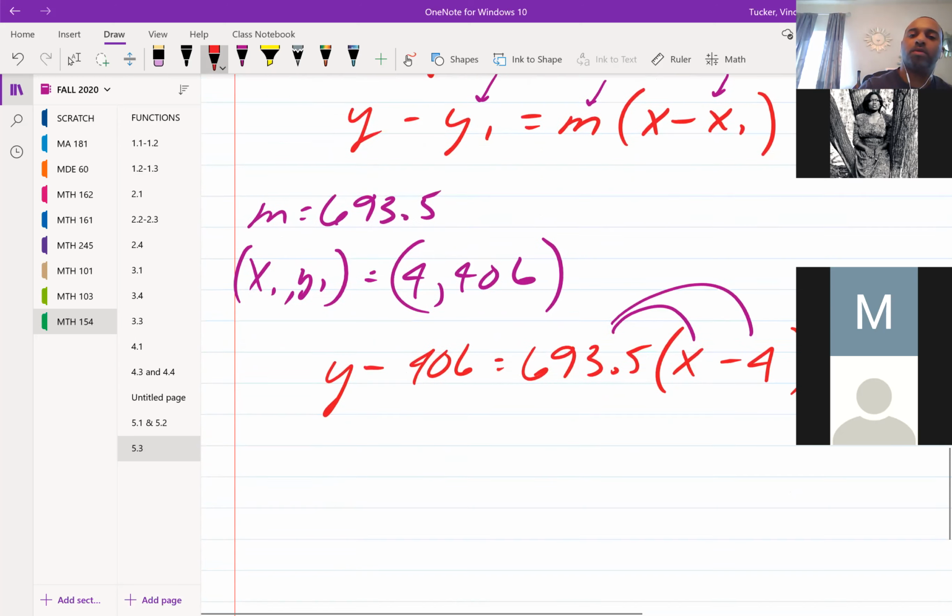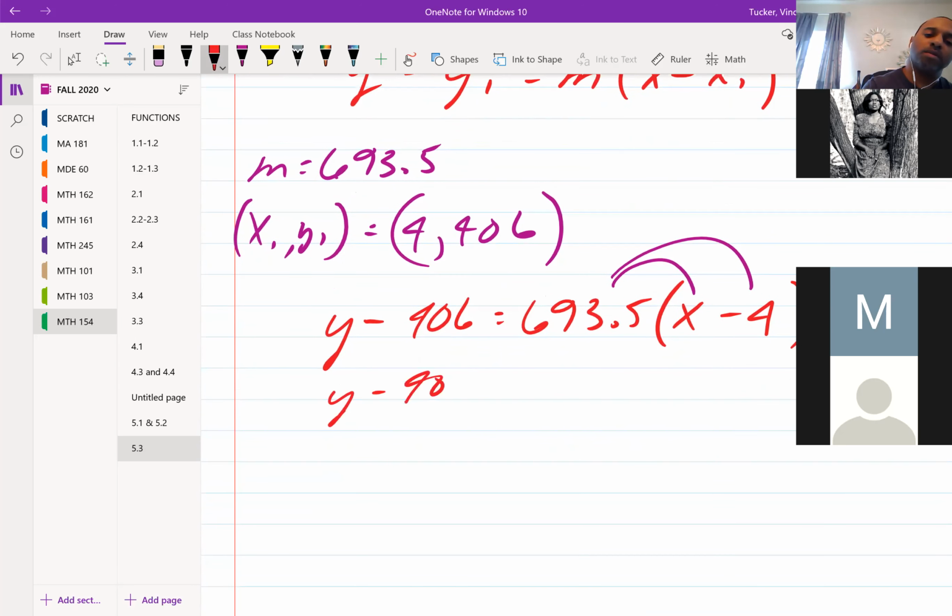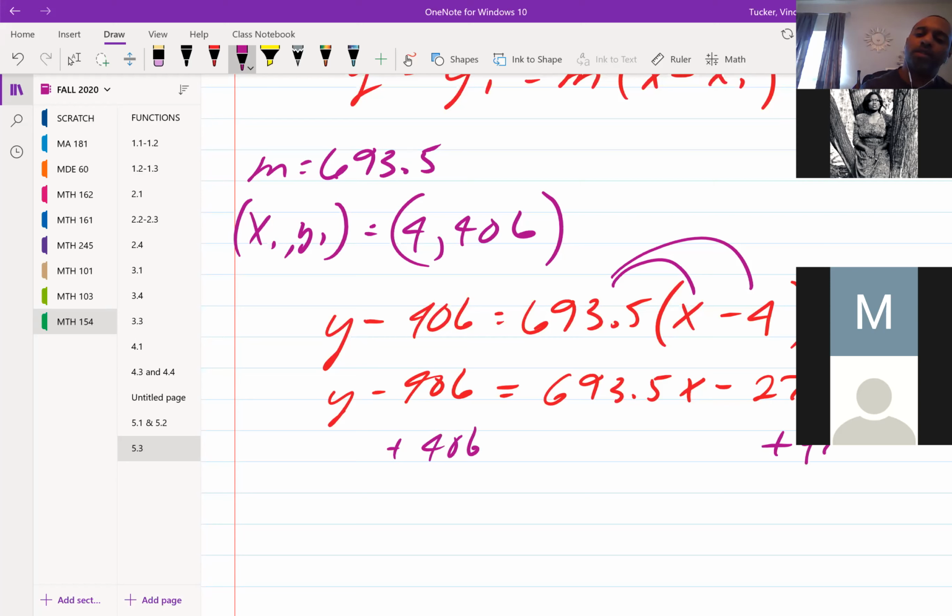Distribute. 693.5 times 4, 2774. And then you can add 406 to both sides. 693.5 minus 2368.